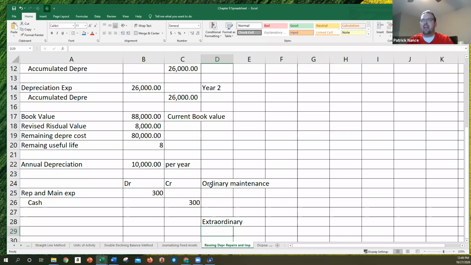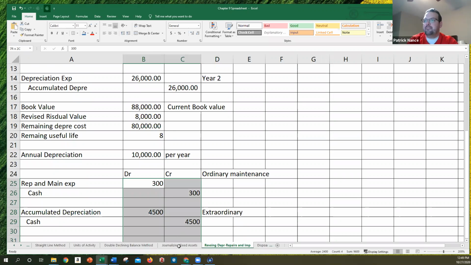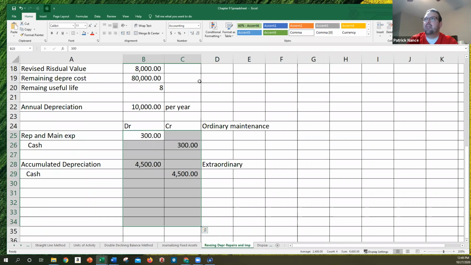So how to handle that is I'd reduce my accumulated depreciation by how much I spent on the repair. In this case, I spent $4,500 on the repair, so I'm reducing that because it's a contra asset. And I spent $4,500 in cash on that. And that would be an extraordinary repair.